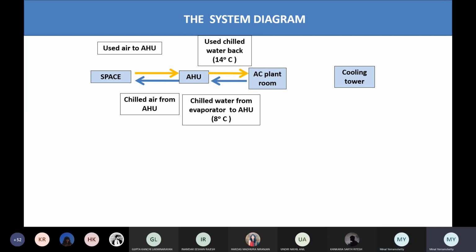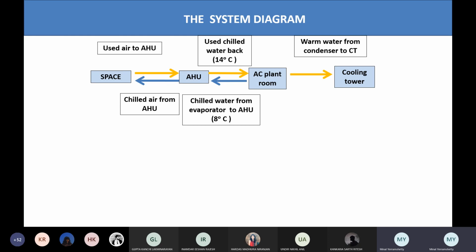Okay, now in the AC plant room, where does the heat get converted? Condenser. So now all that heat from the room is finally coming and getting converted into heat at the condenser level. Okay, all that happens in the AC plant room. So the AC plant room needs to cool the condenser, and so it goes to the cooling tower.